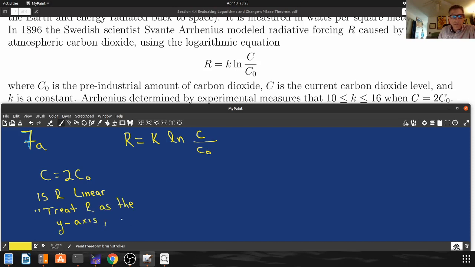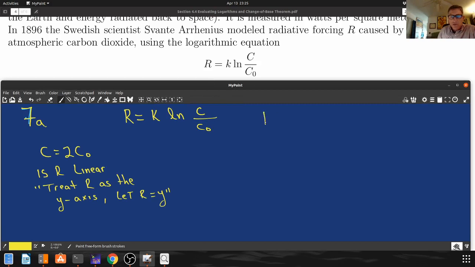So in other words, I'm saying let R equal y in your mind. So let's go ahead and work this out. So R is equal to some constant K times the ln of 2 C naught divided by C naught. So R is equal to some constant K times the ln of 2.